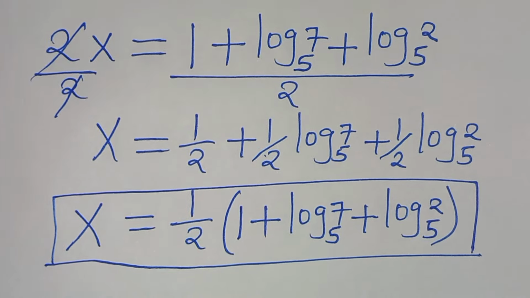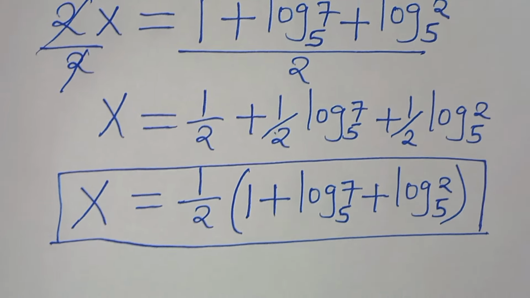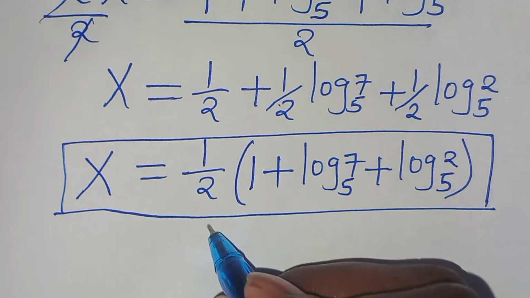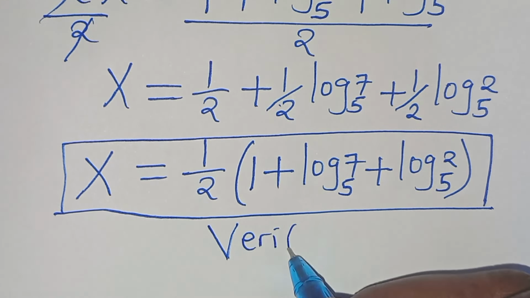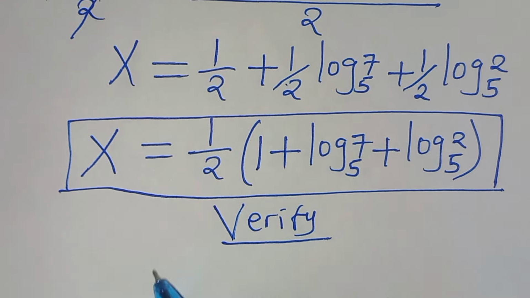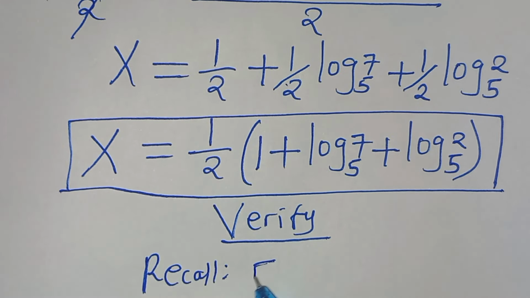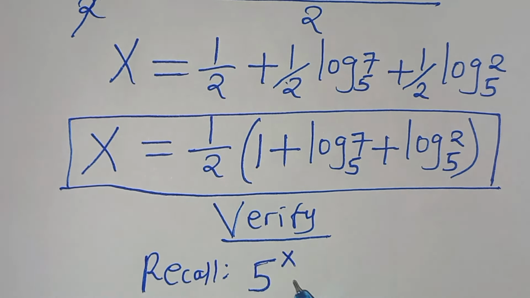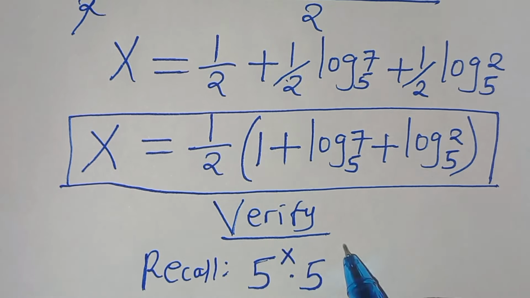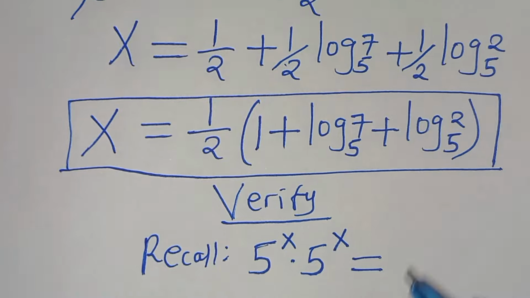The next step is to verify that this value of x here satisfies the equation. So let's verify. So if you recall, we have that 5 to the power of x multiplied by 5 to the power of x. This is supposed to give us a value of 70.